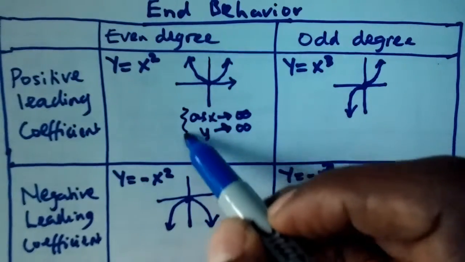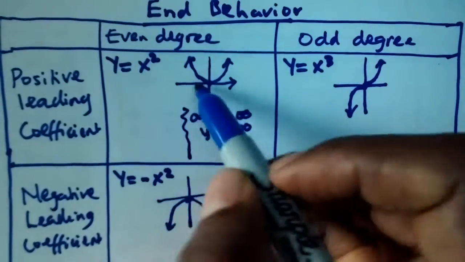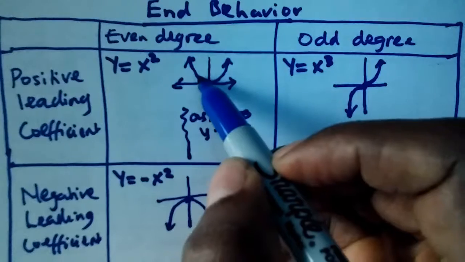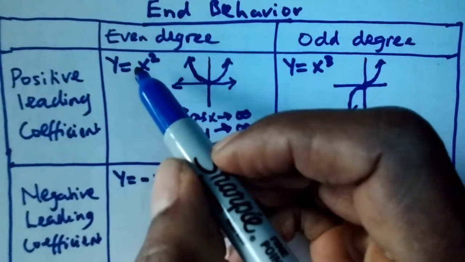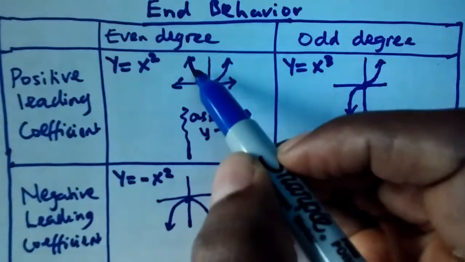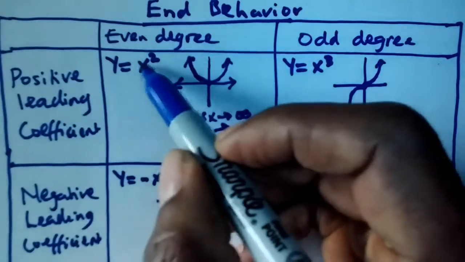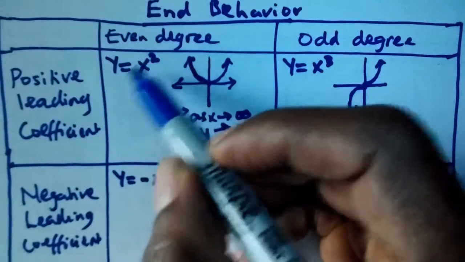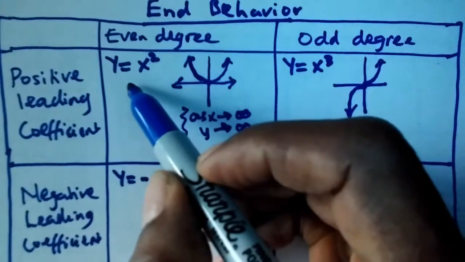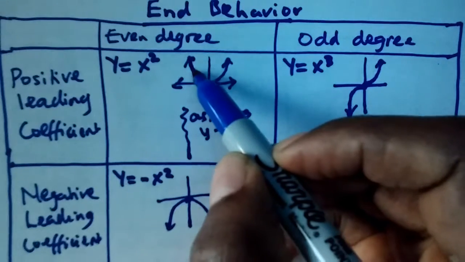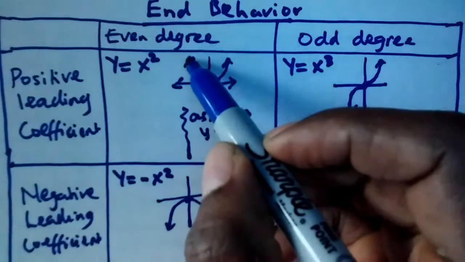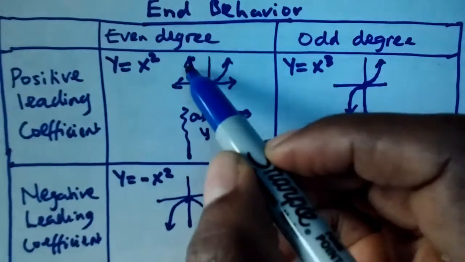Compared to the left side, if we are plugging in negative numbers into this function, the value also goes very, very high. We are not going to get a negative number, because a negative number squared is a positive number. So the y value is going to continue to grow very large towards positive infinity as well.